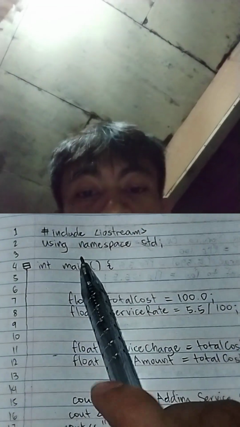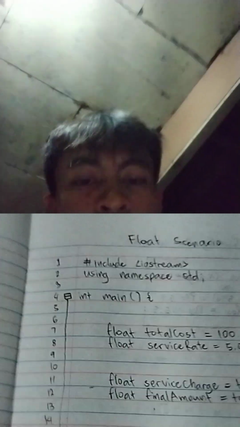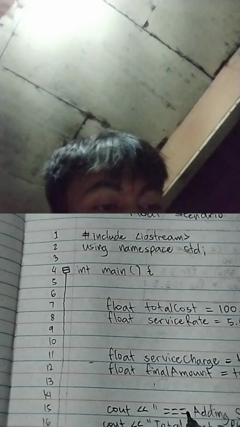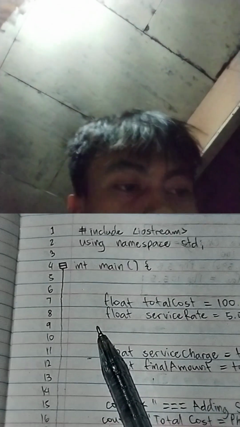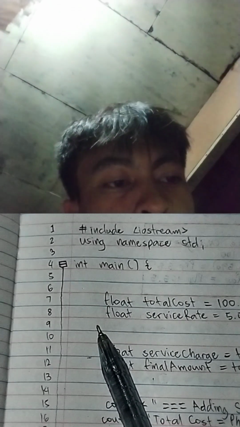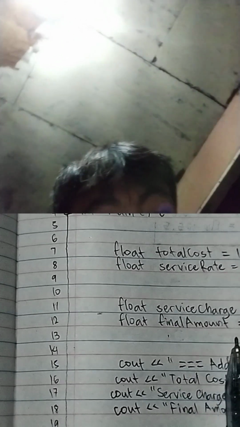Using namespace std, so that we can directly put cout instead of putting std before cout or cin. Next, the float. Float is used for decimal numbers. Float variables store values used in the program.